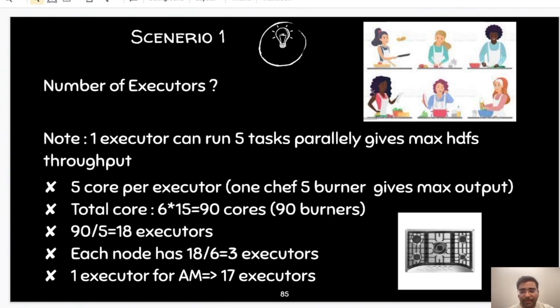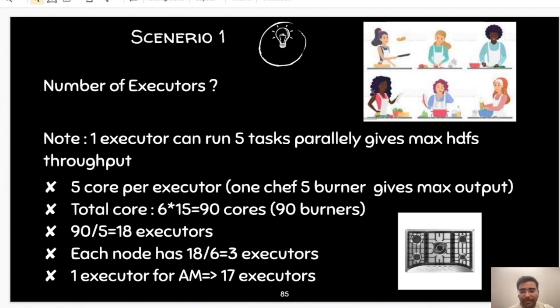Why are we dividing the burners by 5? Because each chef can use only 5. So in one stove, how many chefs can work together?